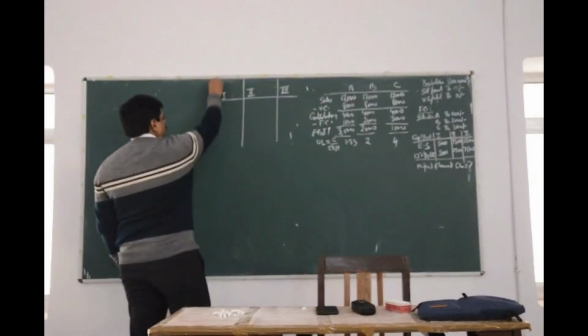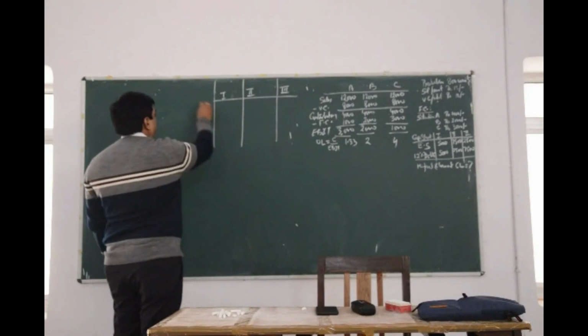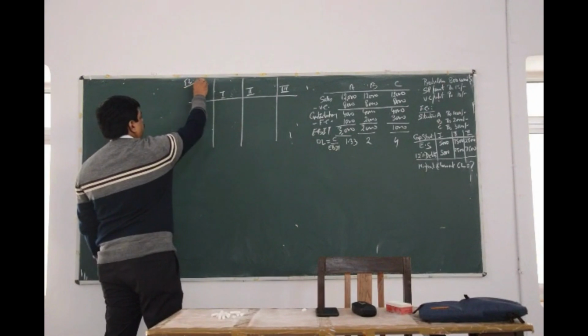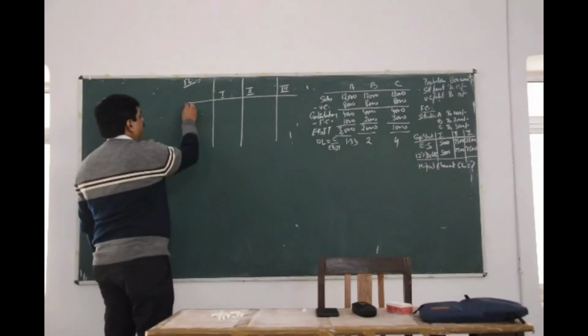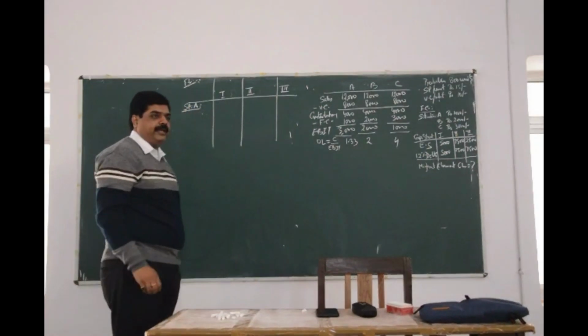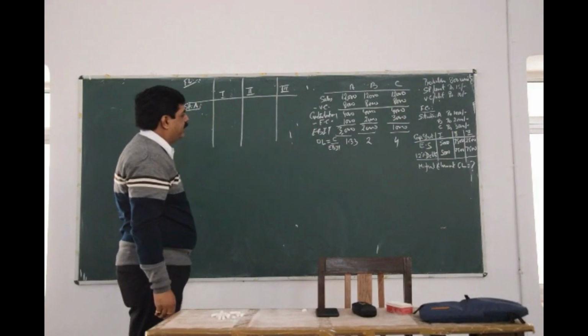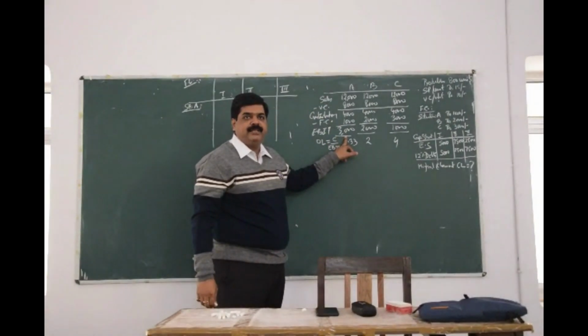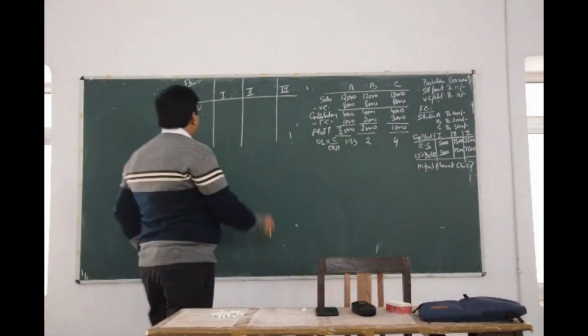And we have to calculate the financial leverage in this case. So first of all, we have to take situation A. In situation A, the EBIT is 3,000. That will remain same for all the three plans.